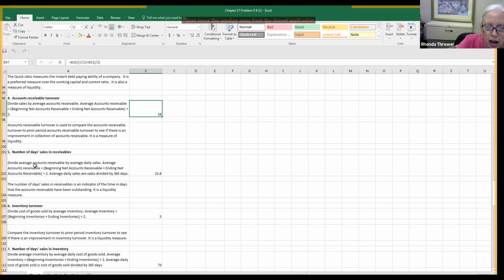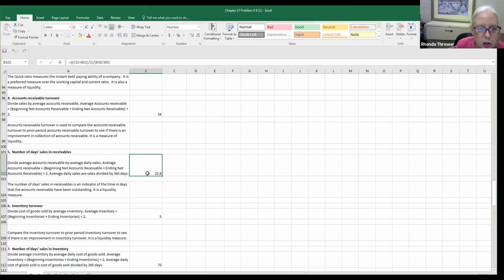So we take our average accounts receivable and divide it by our average daily sales, and that will give you 22.8. What they're saying is it takes about 22 days to recover your accounts receivable account.